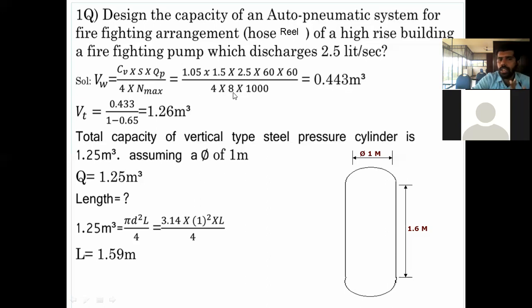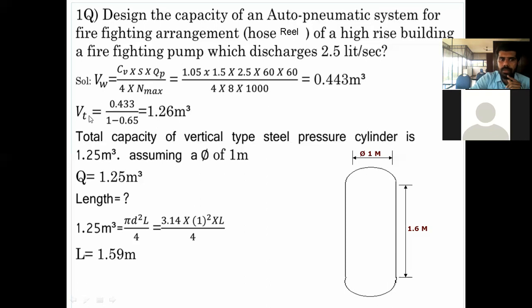Here you can change this 8 to 6, 7 or 8, and accordingly this will change. So you got VW, the volume of the water in the tank, as 0.443 meter cube.